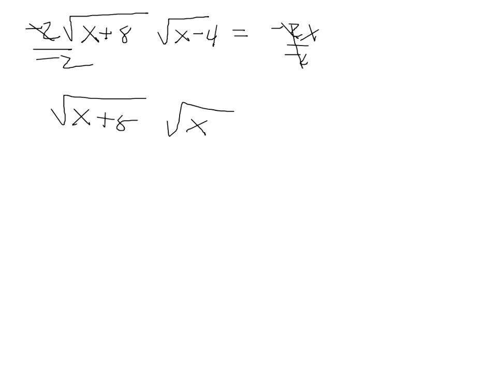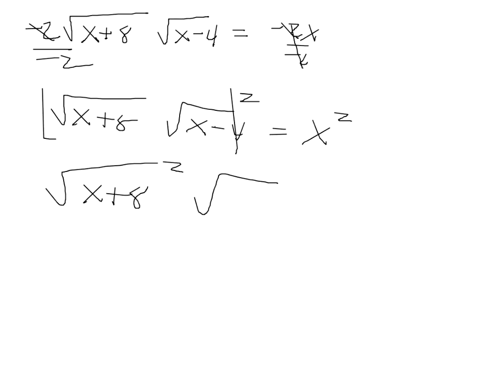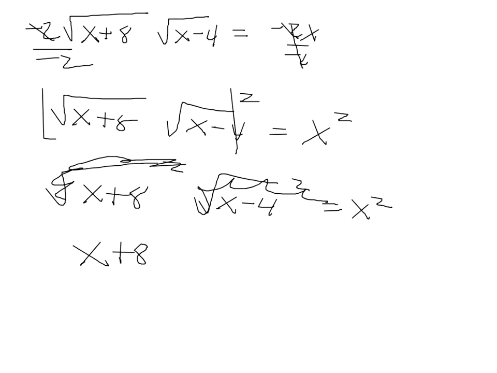and I get the square root of x plus 8 times x minus 4 equals x. Square both sides, and so I get x plus 8, square root squared, x minus 4, square root squared equals x squared. And so that cancels and that cancels.